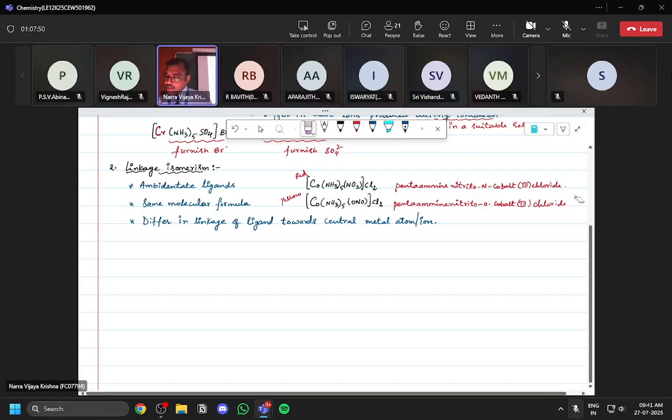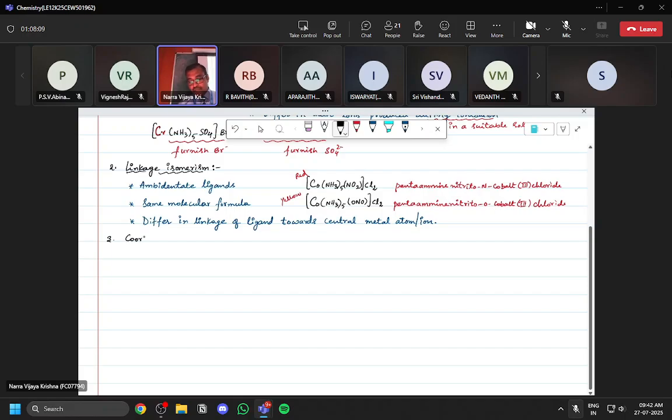So nitrite is an ambidentate ligand and hence it can show linkage isomerism. Observe that if the linkage site changes, the complex properties also change. Its color is also changing, right? Next, third type.